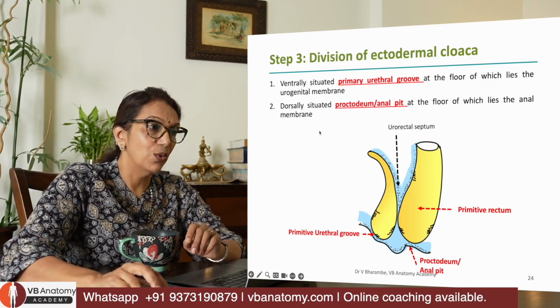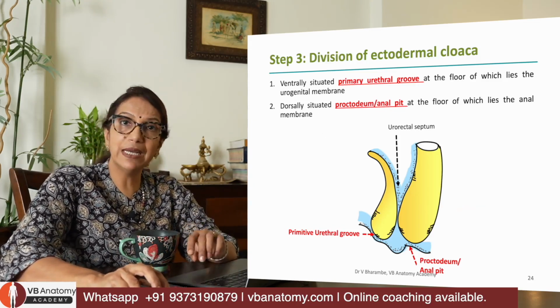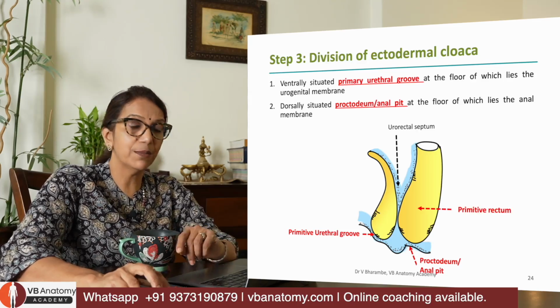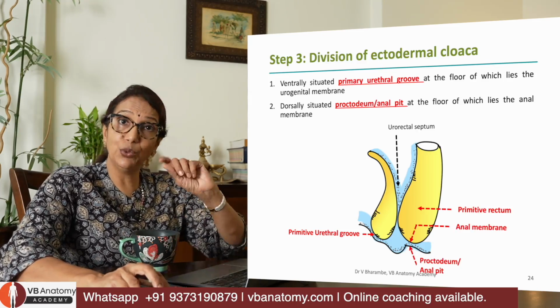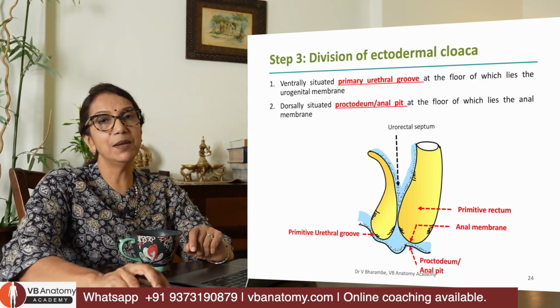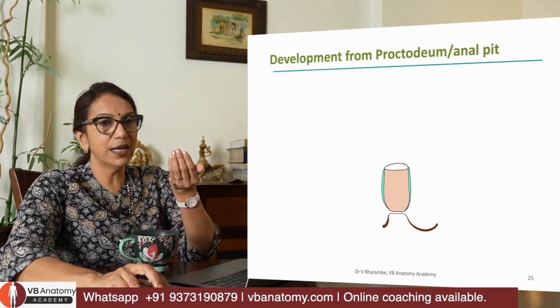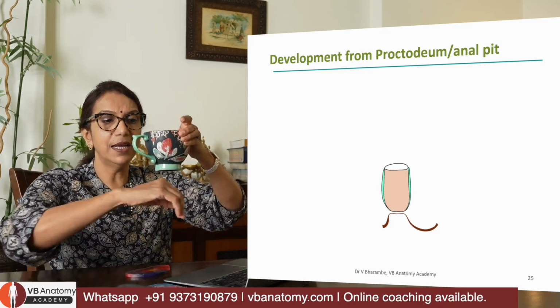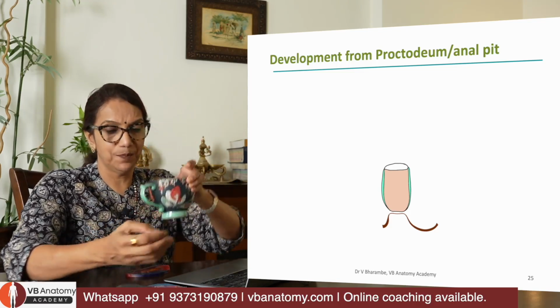Okay. So, what is the raw material now available with me to develop my rectum? Primitive rectum, proctodeum or anal pit, and in between the two, separating them, is the anal membrane. So, take a look. It looks like two cups, one cup kept like this and the other is like this. Separating the two cups is the anal membrane.